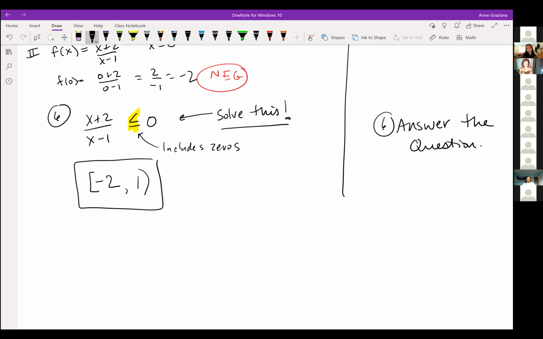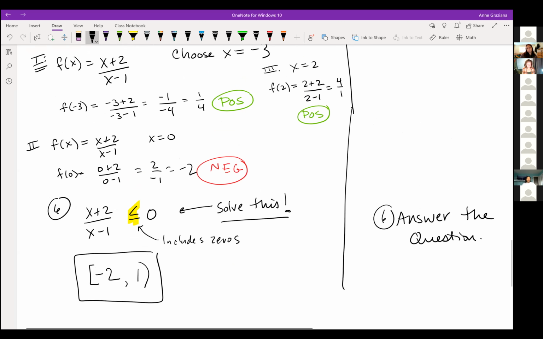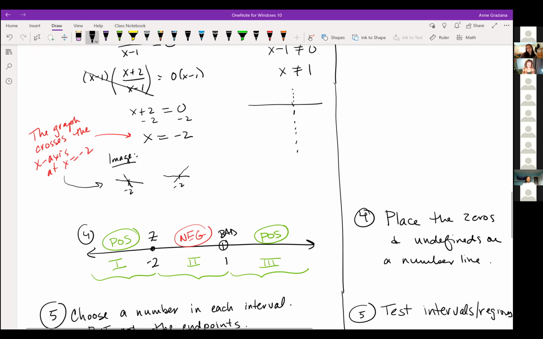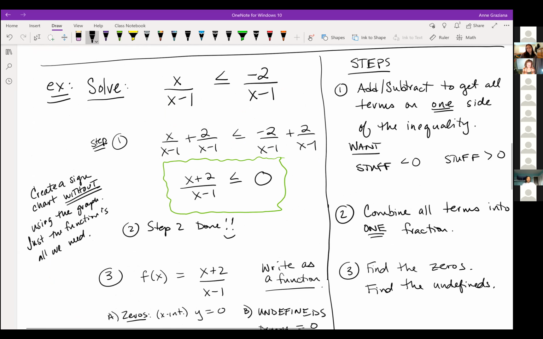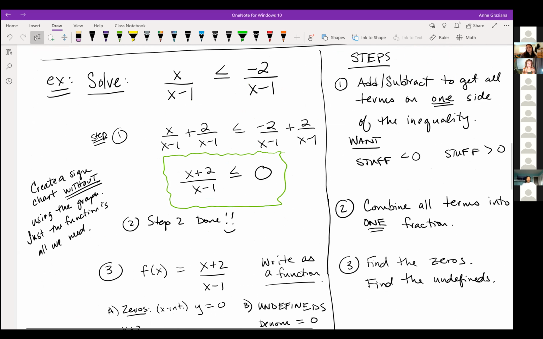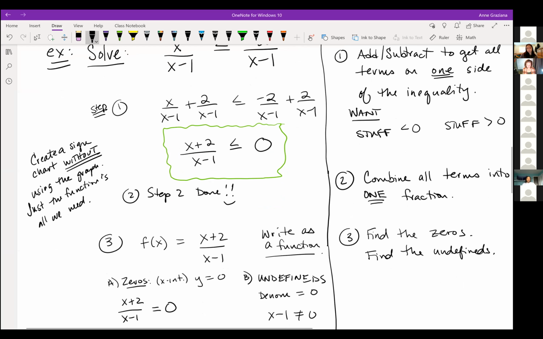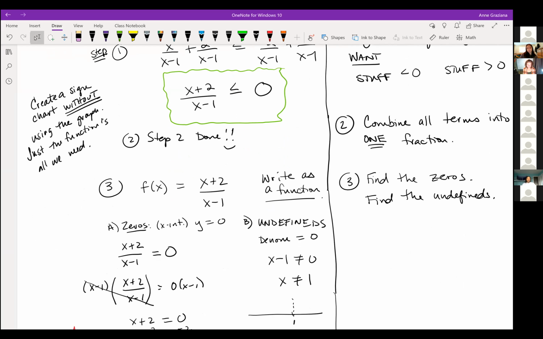All right, let's quickly review everything. I like to do that because we did a lot of stuff here. We started out with this function that had parts on both sides, combined it so that we got everything on one side and it became a fraction. And this is the question we want to answer: when is the function less than or equal to 0?